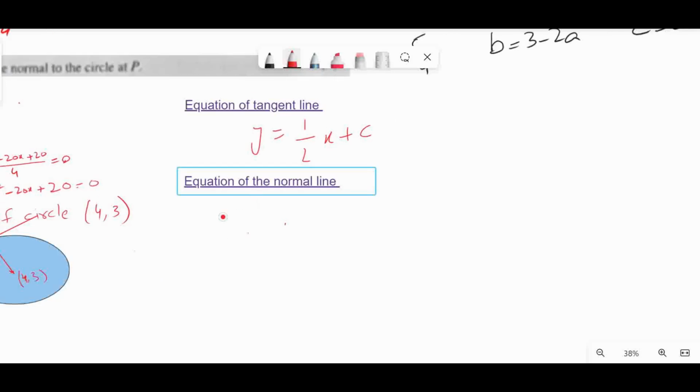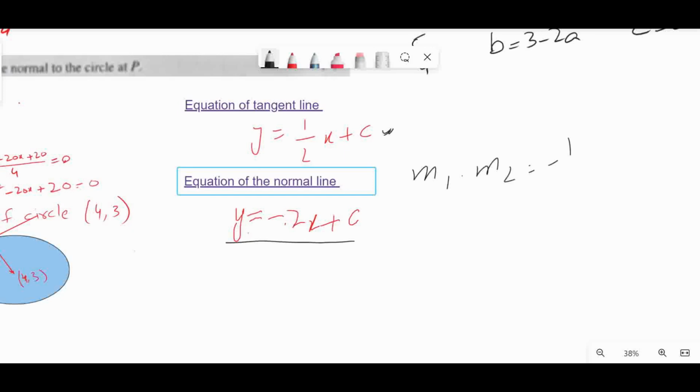y equals minus 2x plus c. The reason behind it is that there will only be a difference of gradient between the two. Here the gradient is 1 by 2, and we can use the concept that m1 times m2 equals minus 1.